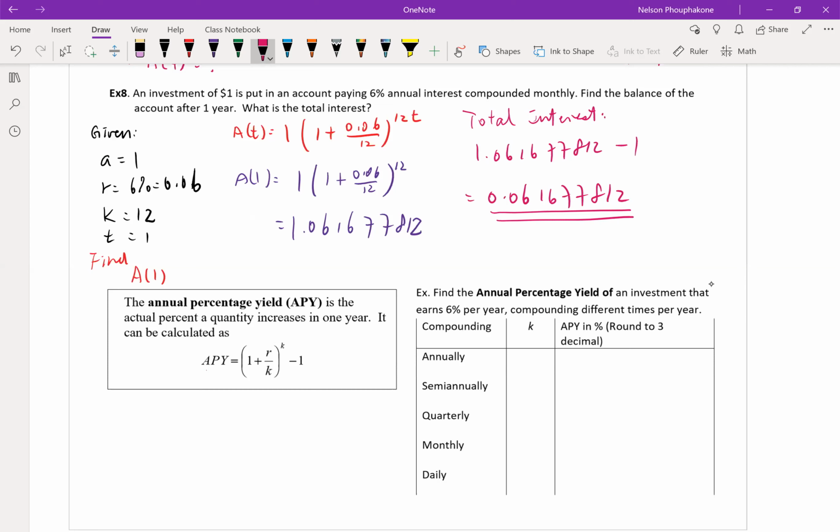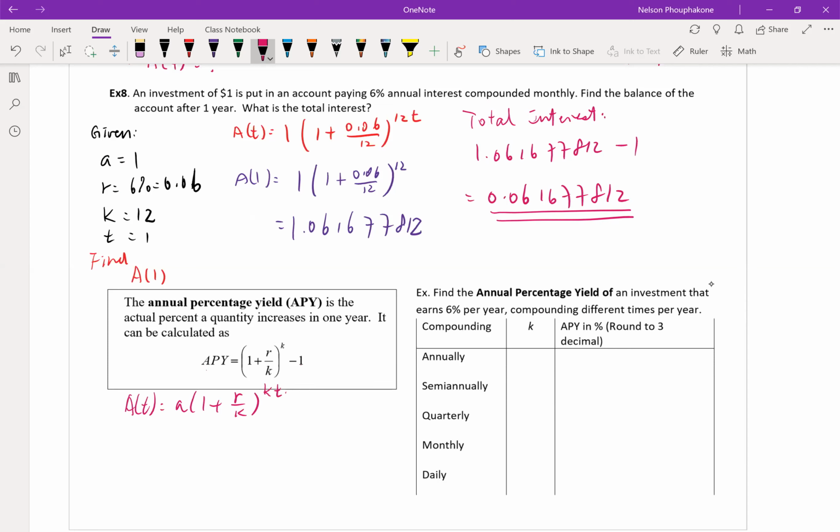So again, if you remember the A of T here, it's A times 1 plus R over K raised to the power KT, right? You will see that when I try to find the APY, what happened to A? A is 1, T is 1, and then we subtract the $1 that we invest, then you will get the percentage back.